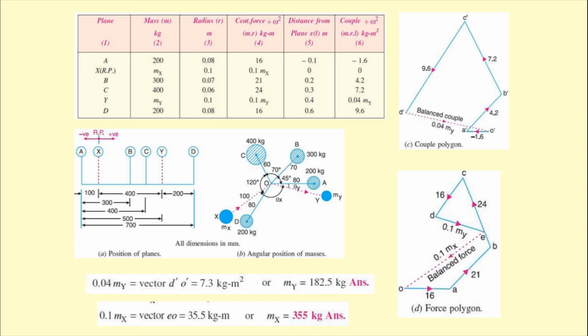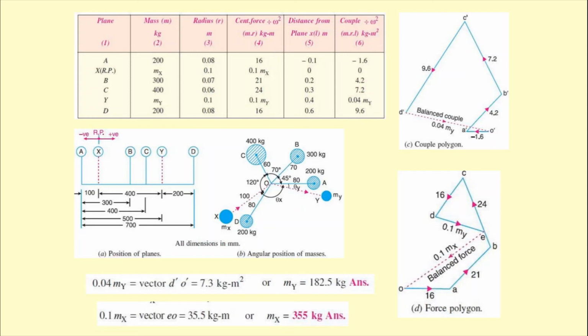Like that, for each and every value we are going to find out the individual values. Important thing to note that mx and my, these two values are unknown over here, so they are written as such. Now the distance from the reference plane, individual reference plane, which is also given in the numerical problem, is also converted into meter and written accordingly.